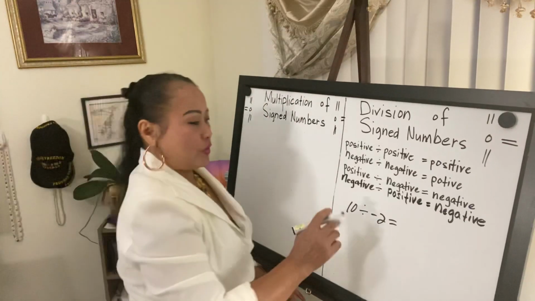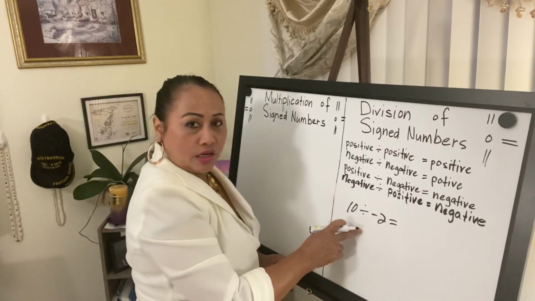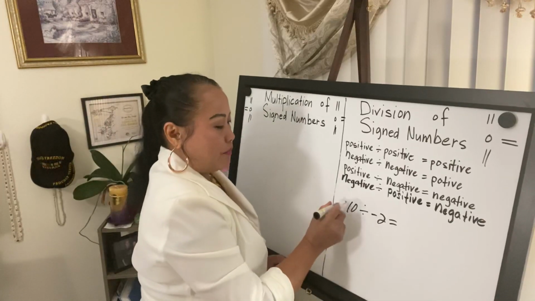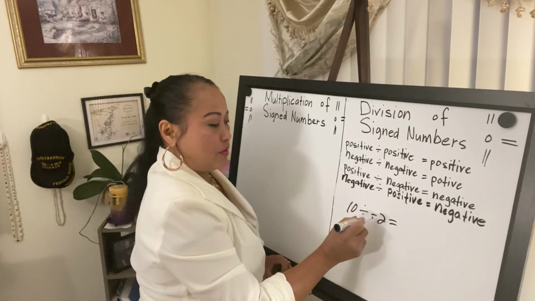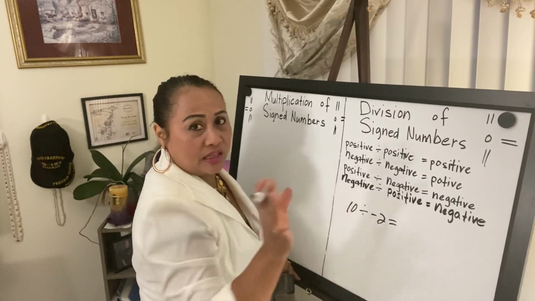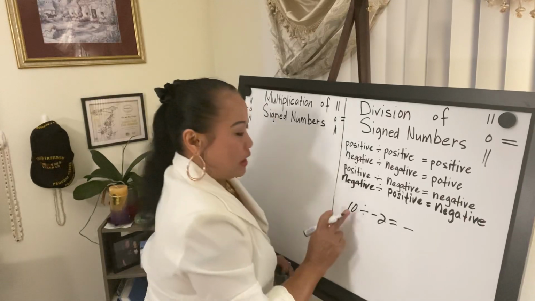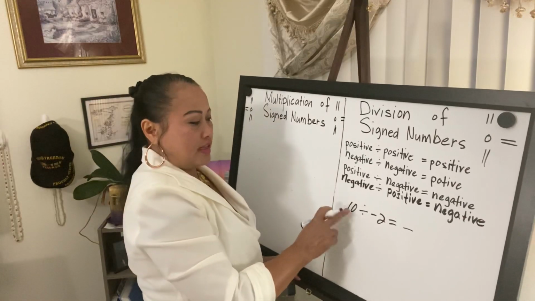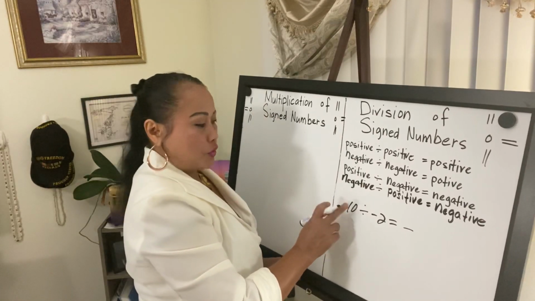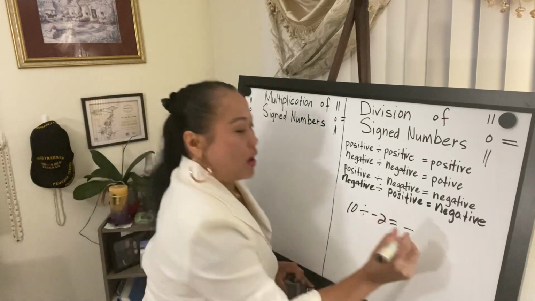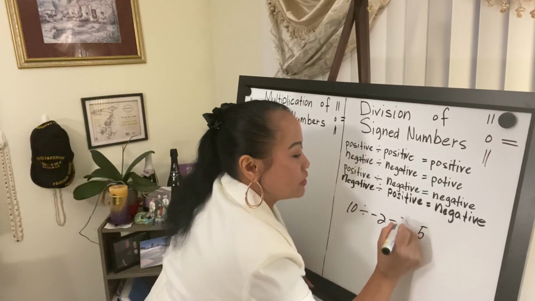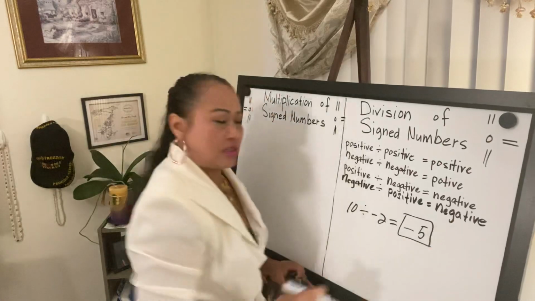So, the answer is, positive, negative. If it is unlike signs, always negative. And then how many 2's in 10? There are 5. So, 10 divided by 2 equals 5. So, the answer is negative 5.